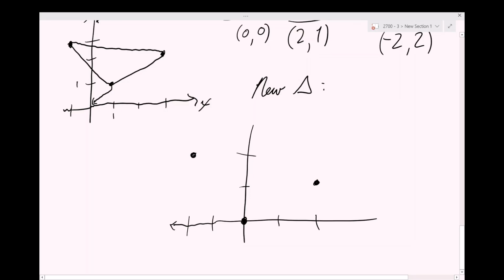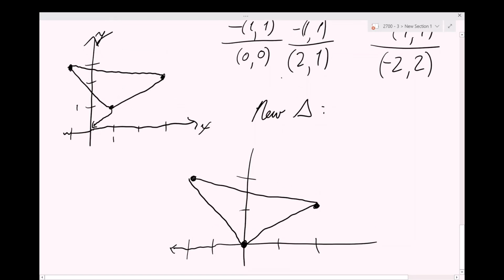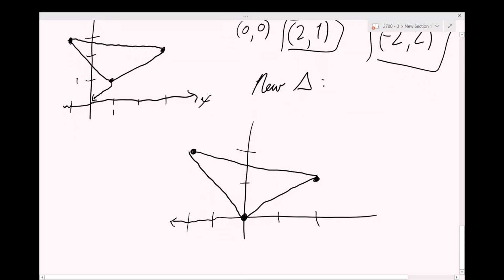So my new shifted triangle is going to be this one. And so I can actually think of this 2, 1 point and this negative 2, 2 point as this vector here. So there's 2, 1. And this vector here, so there's my negative 2, 2.